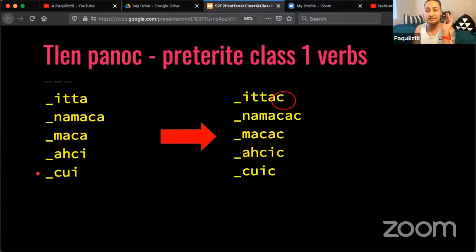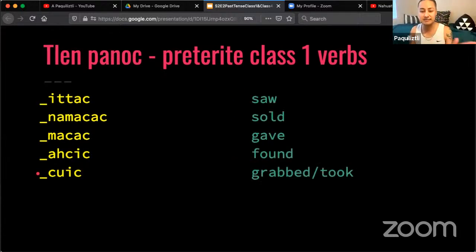So all you're doing is adding a C. That's it. So here are the definitions in case it wasn't clear from the pictures. Itak, saw. Namakak, sold. Makak, gave. Asik, found. And quick, took or grabbed.